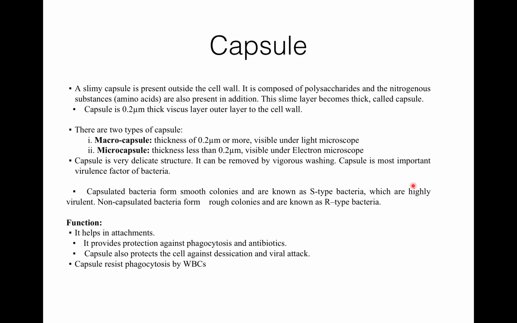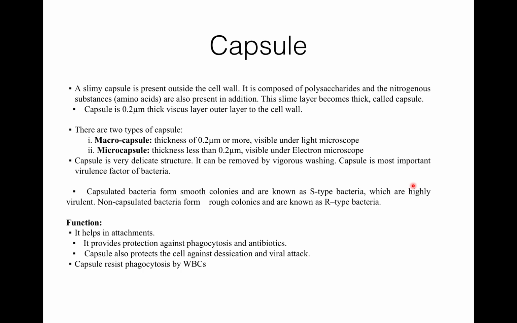A slime layer or capsule is present outside the cell wall and it is composed of polysaccharides and nitrogenous substance, that is amino acids. Capsule is a 0.22 μm thick viscous layer and it is the outer layer to the cell wall. Capsules are of 2 types, macrocapsule and microcapsule.